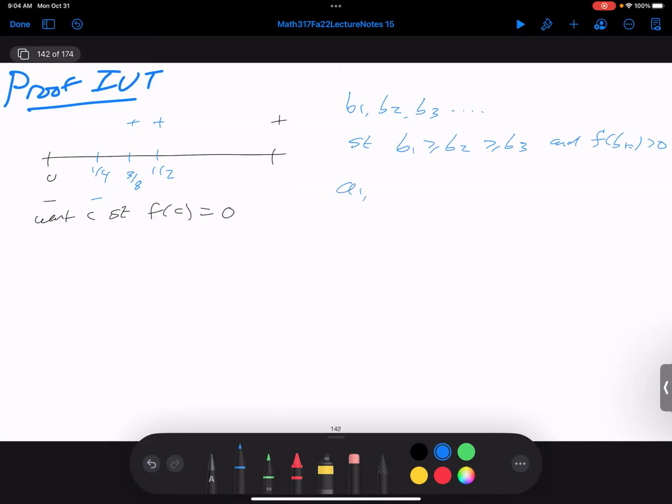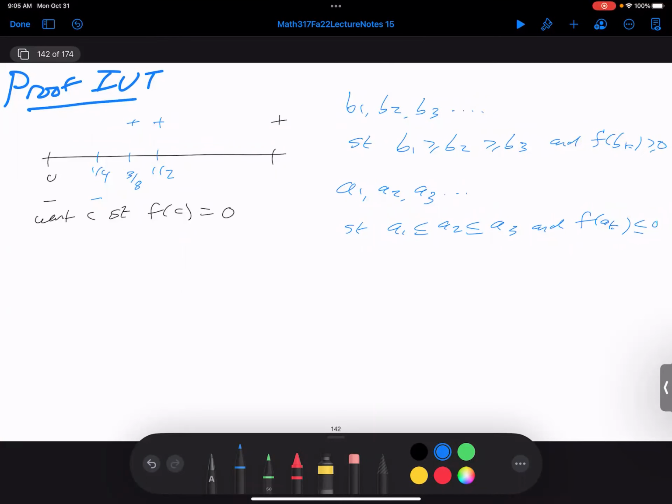And we would have lower bounds a1, a2, a3, and so on, such that they're non-decreasing, and f(ak) is always less than 0 there. So we would have a string where it's negative from one side, positive from the other. Maybe at one of these points it actually equals 0. Well, if it equals 0, we're done. So I'll put greater than or equal to, less than or equal to 0.